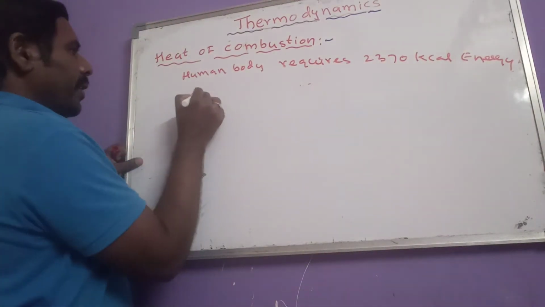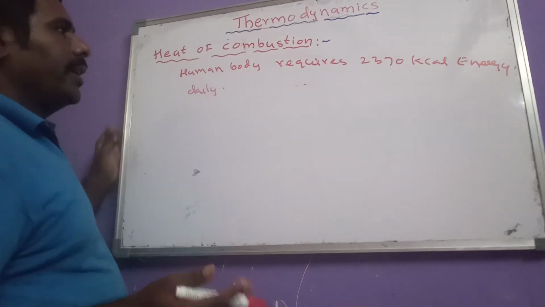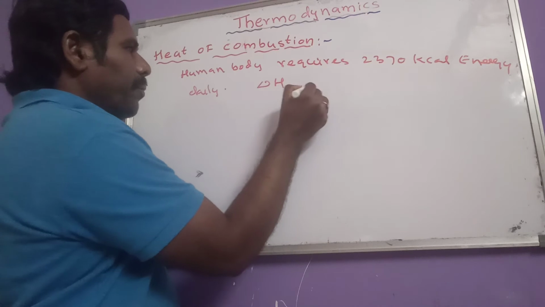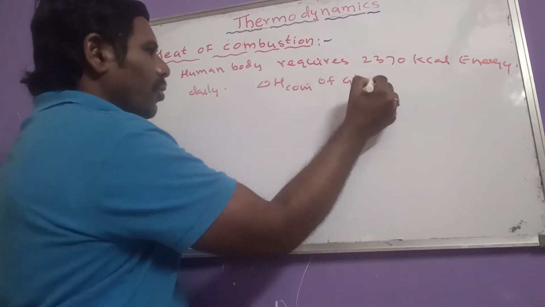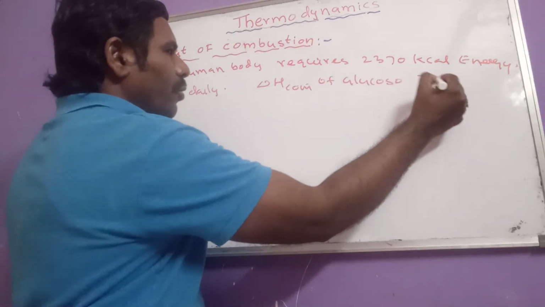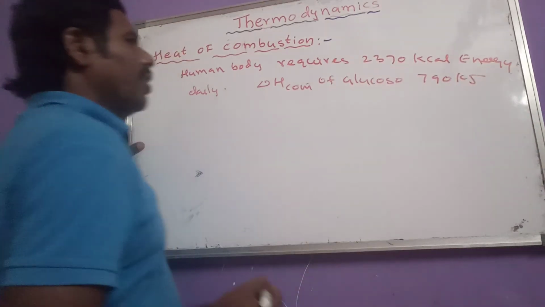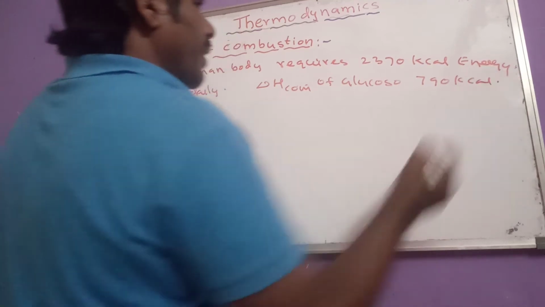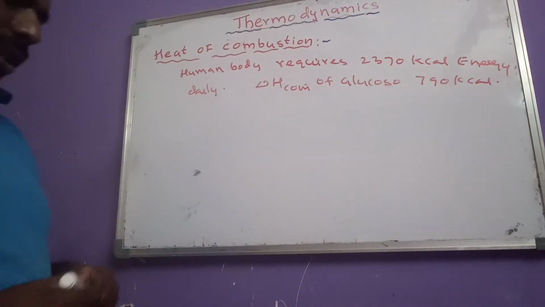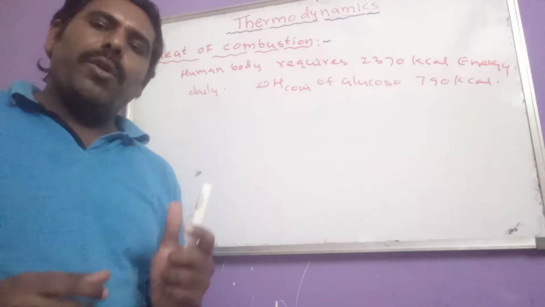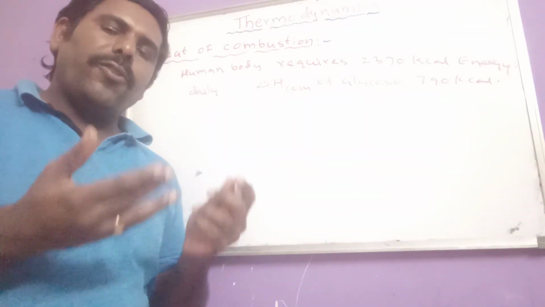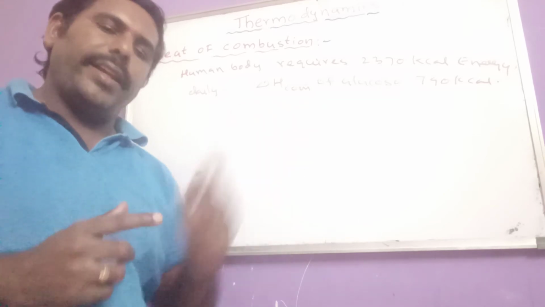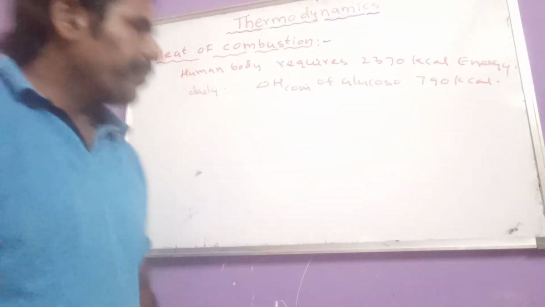And the heat of combustion of glucose is 790 kilocalories. Now the question is, what is the amount of glucose required to be consumed by the human body daily for this need? So now let us see here.